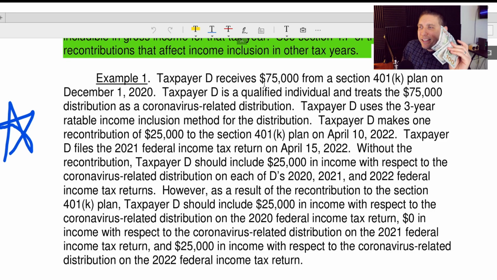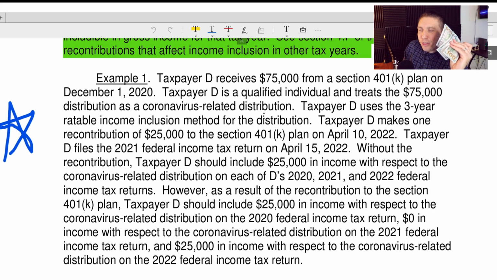The last example we're going to walk through today is if you're using the 3-year inclusion method and you recontribute money to the plan. It says, example 1, taxpayer D receives $300 from a Section 401k plan on December 1st, 2020. Taxpayer D is a qualified individual and treats the $300 distribution as a coronavirus-related distribution.